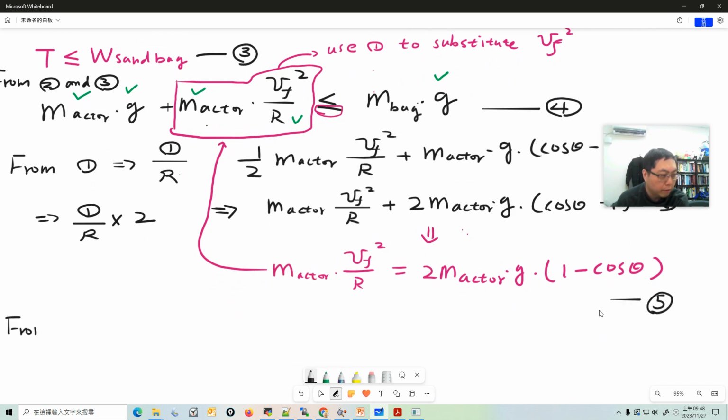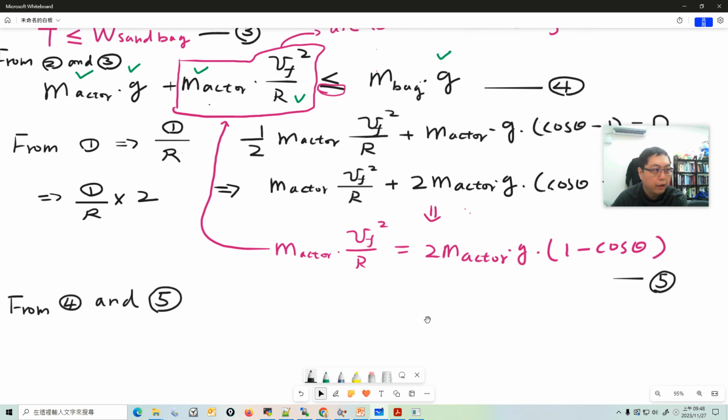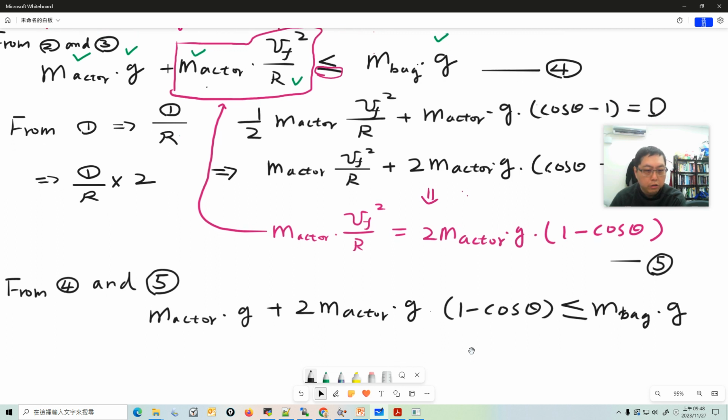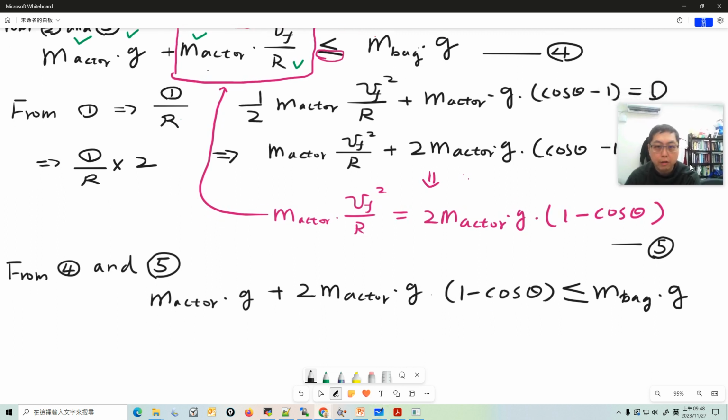So from 4 and 5, what we will have is M actor times g plus 2 M actor times g times (1 minus cosine theta) equals M bag times g. Okay, so that's the final answer.